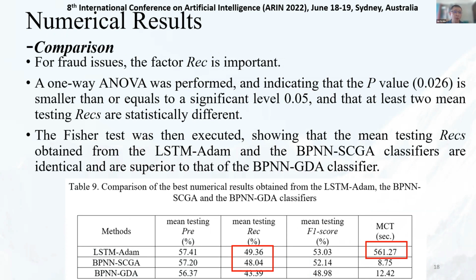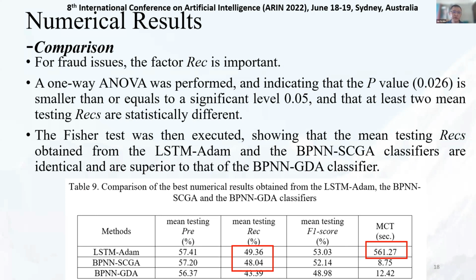Therefore, a one-way ANOVA was performed, indicating that the p-value is smaller than or equal to a significance level of 0.05. That means at least 2 testing recalls are statistically different.